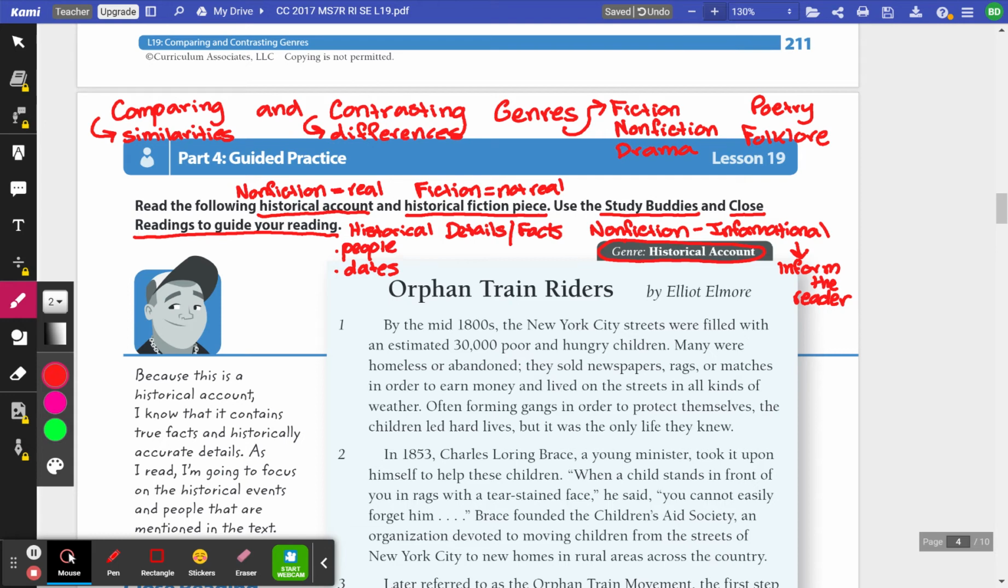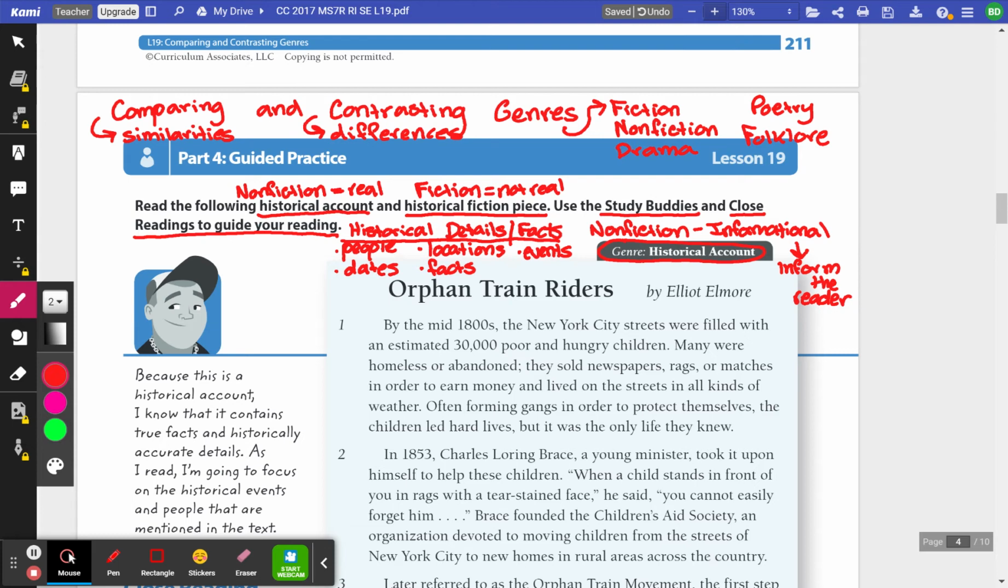Sometimes they list dates if something important happened on that date. I can also look for certain locations where things happen. I can look for some facts about whatever the topic is, and I can also look for certain events that happened. And I know all of these historical details make a historical account what it is. You can't have an informational text without at least a few of these details, without some of this information.